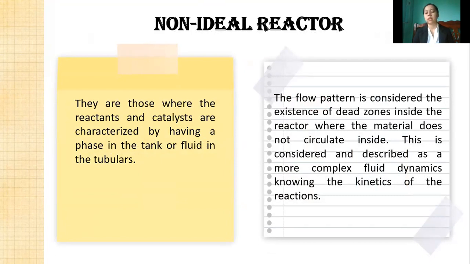The flow pattern is considered to have zones inside the reactor where the matter does not circulate. This is described as more complex fluid dynamics, alongside the kinetics of the reaction.